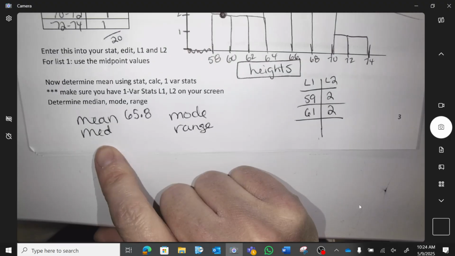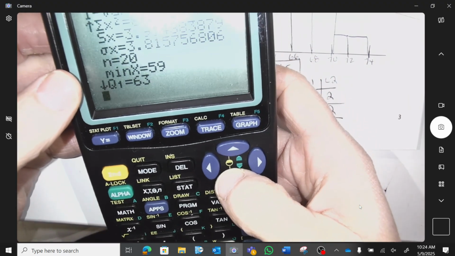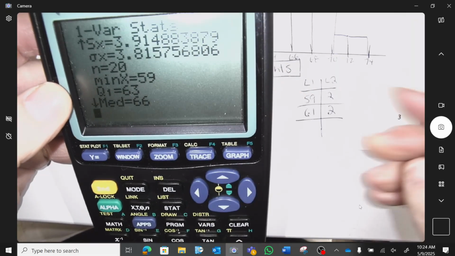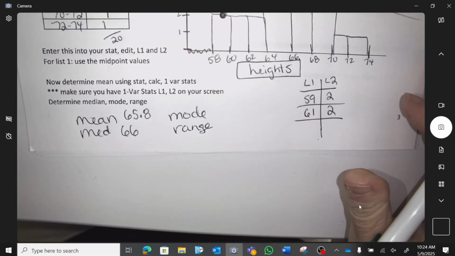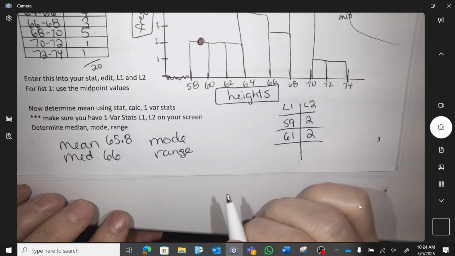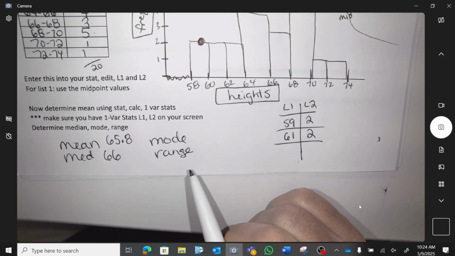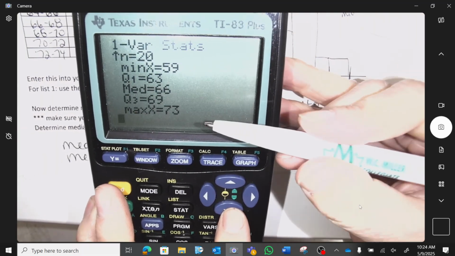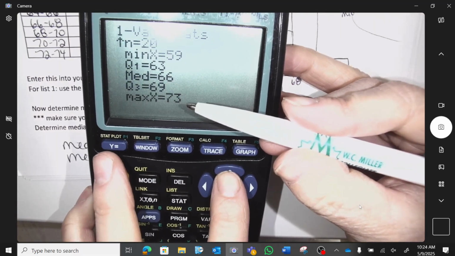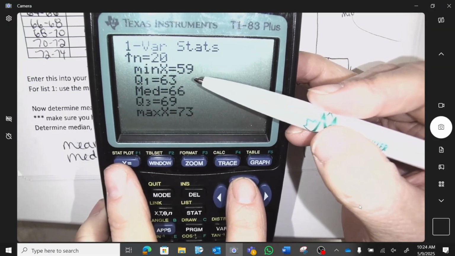Median, what's smack dab in the middle? Just scroll down. Median is 66. Range is 24? No, 14. The range is me taking my highest, which was 73, minus the lowest, which was 59.